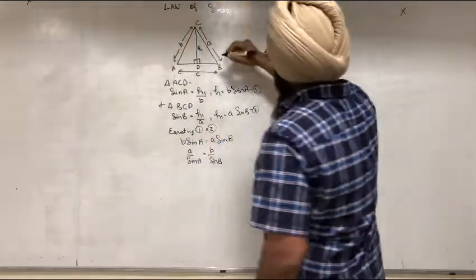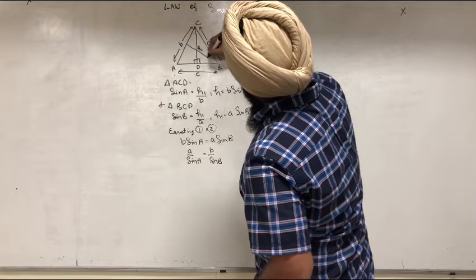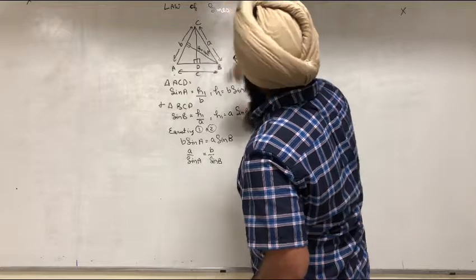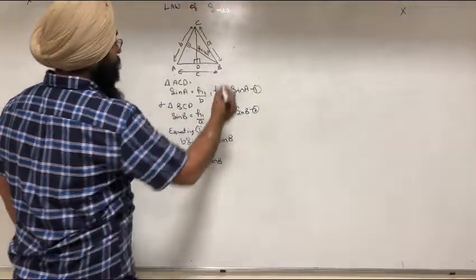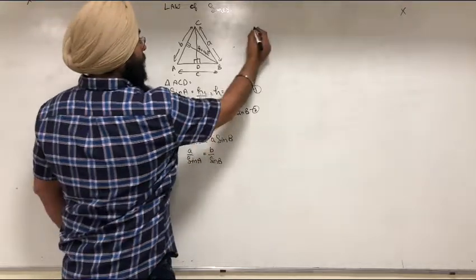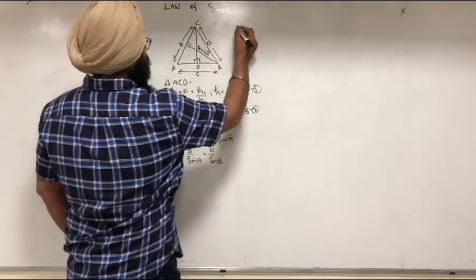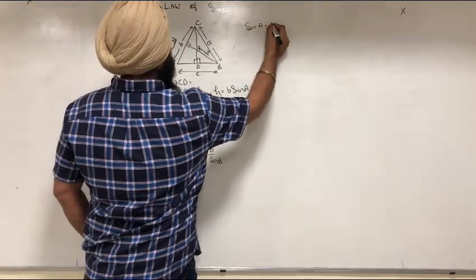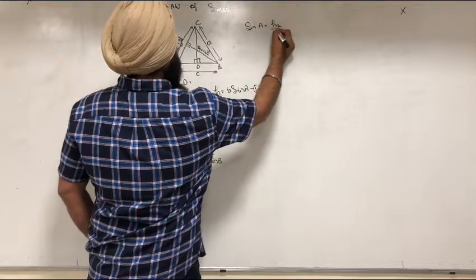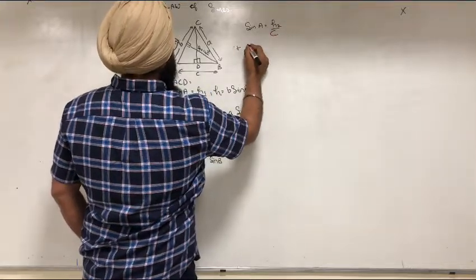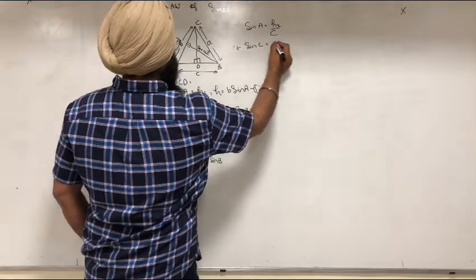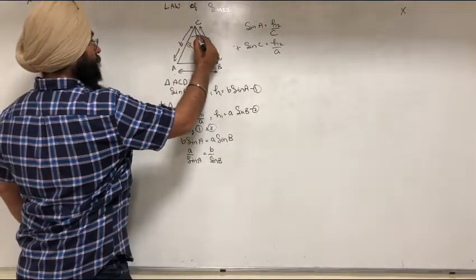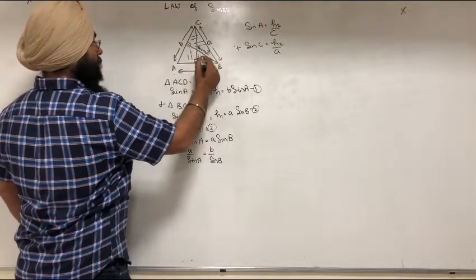Similarly, we can draw a perpendicular like this and name it as H2. So sin A will be equal to H2 by C and sin C will be equal to H2 by A, considering this triangle and this triangle.